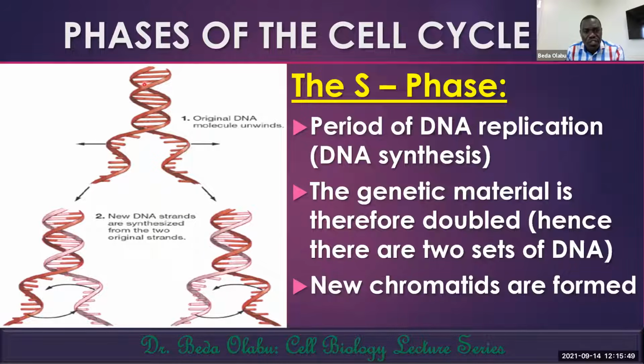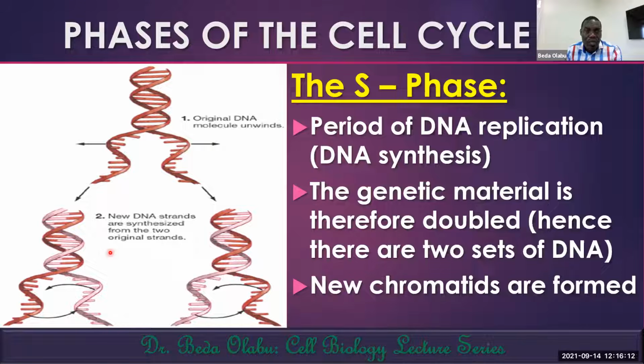Well, the image here shows you the process of DNA replication. So the original DNA usually first must unwind itself. Once it has unwound itself, then each strand that has been formed then forms another complementary strand.